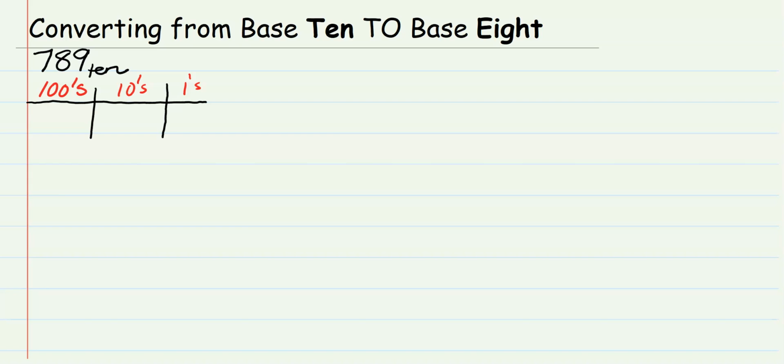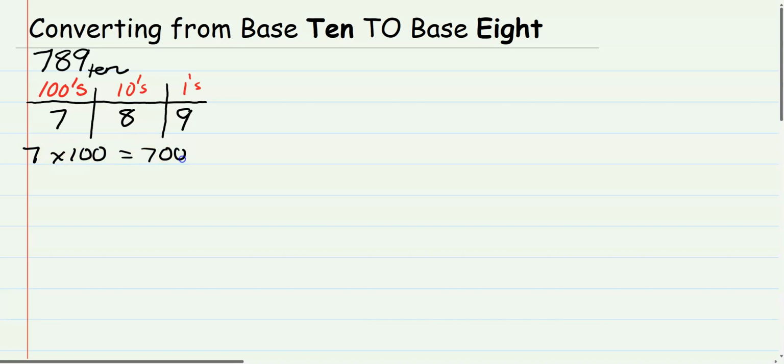So the number that we have here, 789 in base 10, is 7 of the 100. That means 7 times 100 is 700.